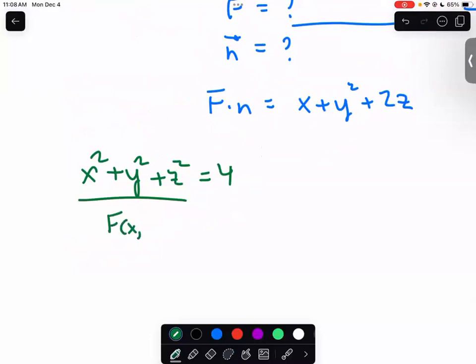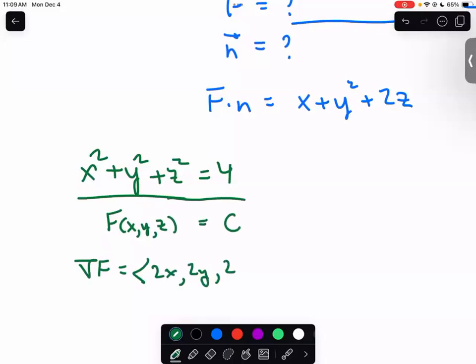If we had all of our variables on one side equal to a constant on the other side, then a normal vector is given by the gradient. So the gradient: take a partial derivative with respect to x of our function, partial derivative with respect to y of our function, partial derivative with respect to z of our function. So this will be a normal vector.